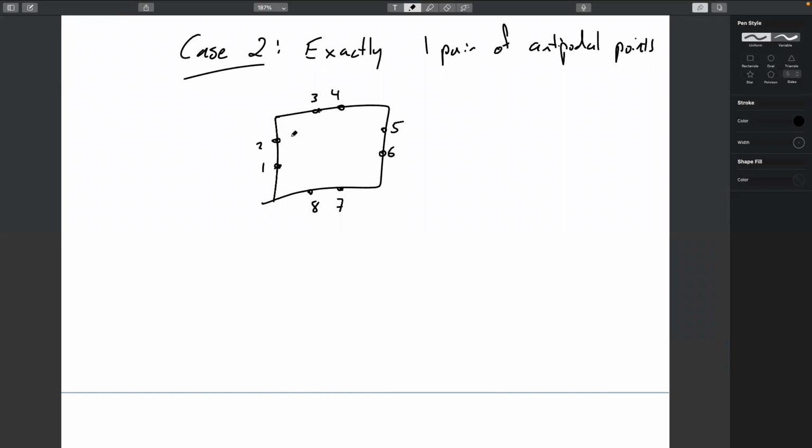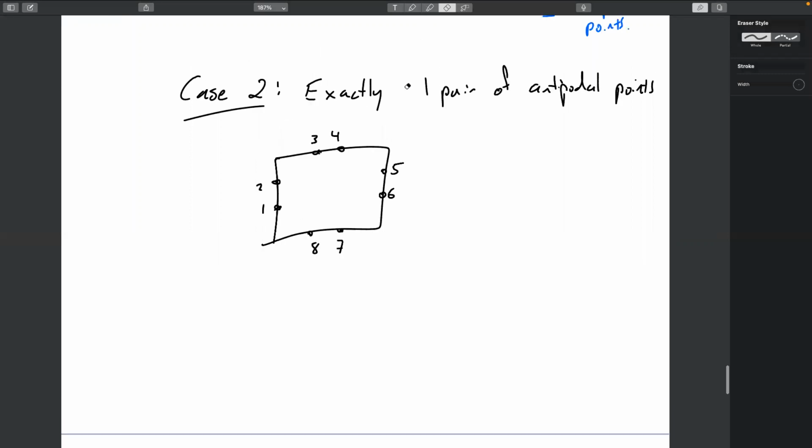So we want either 1 connects to 5, or 2 connects to 6, or 3 connects to 7, or 4 connects to 8. Or is that it? Wait, then why am I only getting... Oh, I can't have exactly one pair, because if I had exactly one pair, when I rotate, I get another one. So that never happens. So sorry, exactly one pair is 0. I'll skip that case.